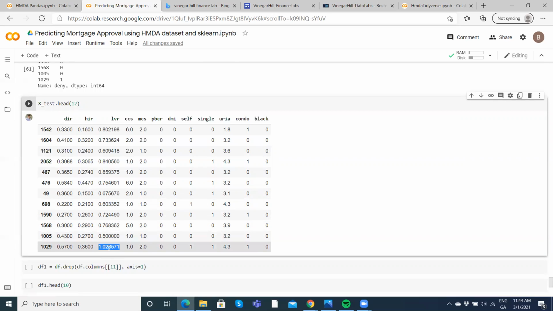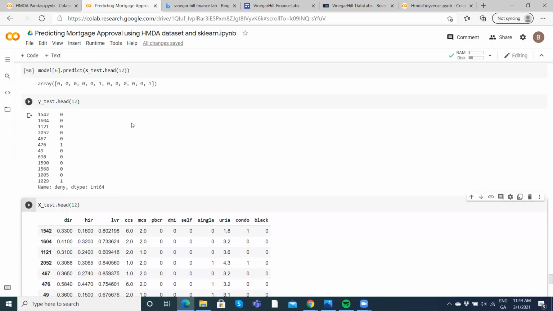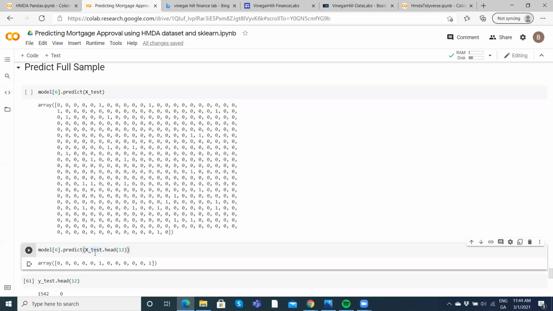Random forest is picking up on these and predicting that both applicants, running our model with just the top 12, right? It's the random forest model predicting both of those applicants are not going to receive the mortgage.